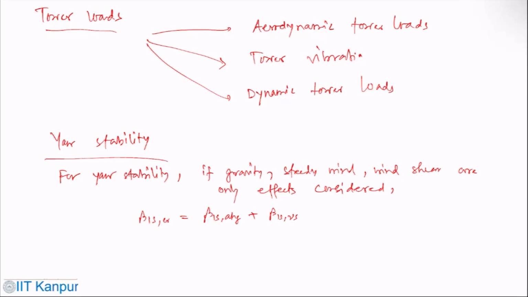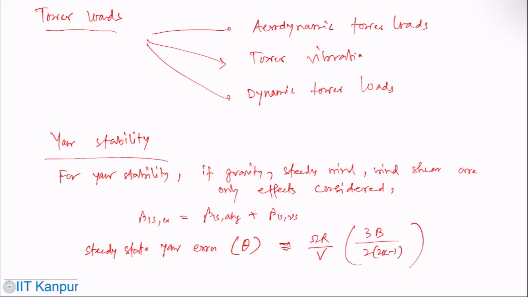So using this and ignoring the wind shear and assuming small angle approximation, one can find the steady state yaw error, which is omega R by V times 3B by 2 into 2k minus 1.